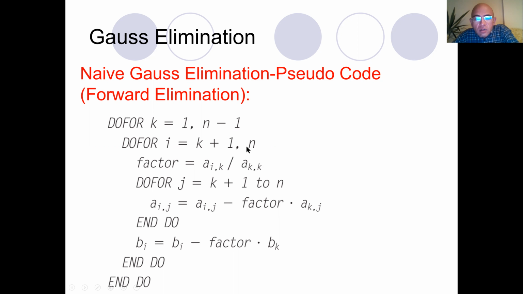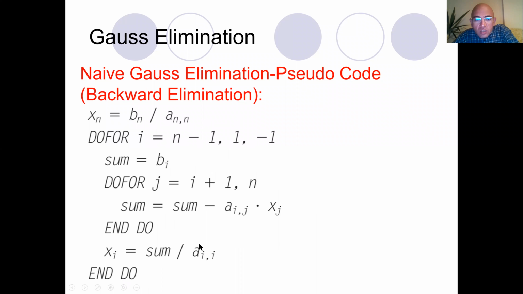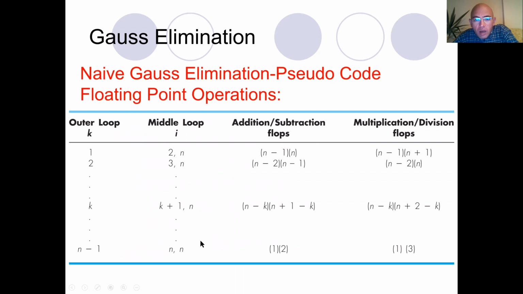So basically we have n minus k operations here, division operation, in calculating the factor. For example, here again you do n minus k operations, multiplication, and then you do the subtraction, and here you do n minus 1 multiplication and subtraction.